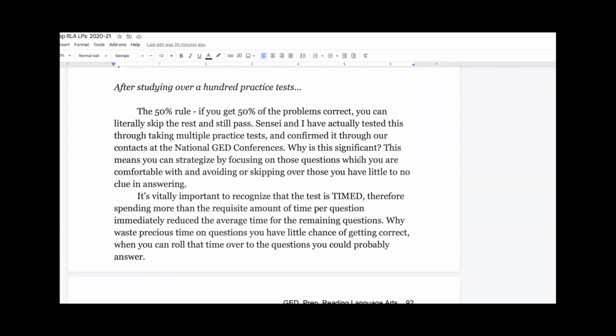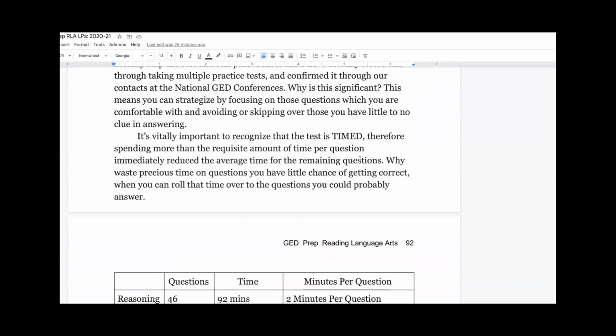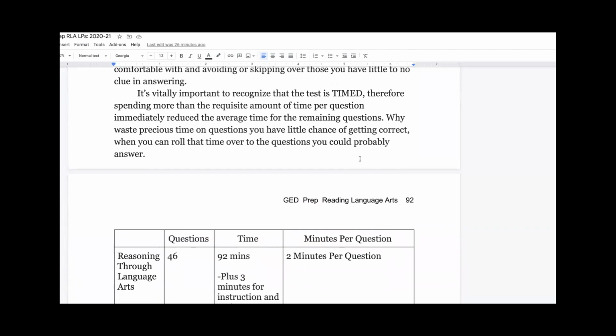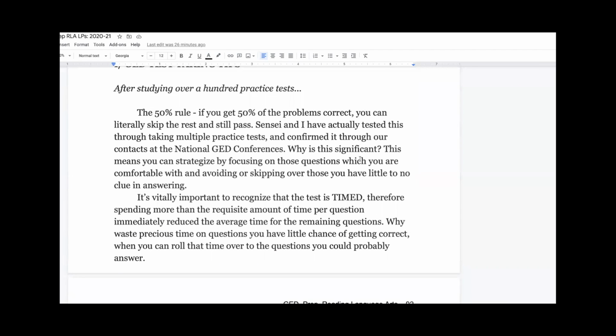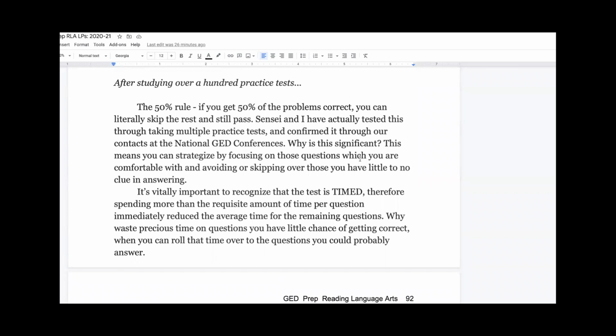I already gave you the 50% rule, which is that if you pass 50% of the questions on a test, I don't care what test you're taking, math, science, social studies, or language arts, you will pass that test.